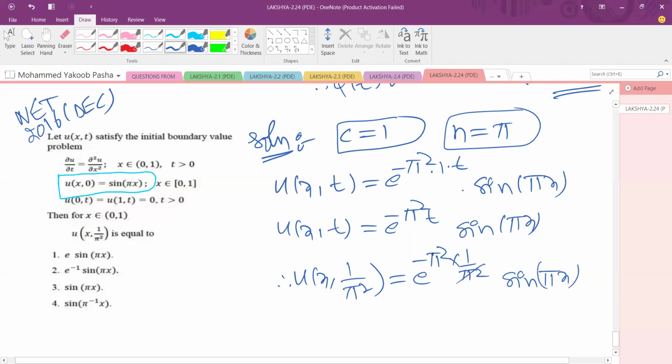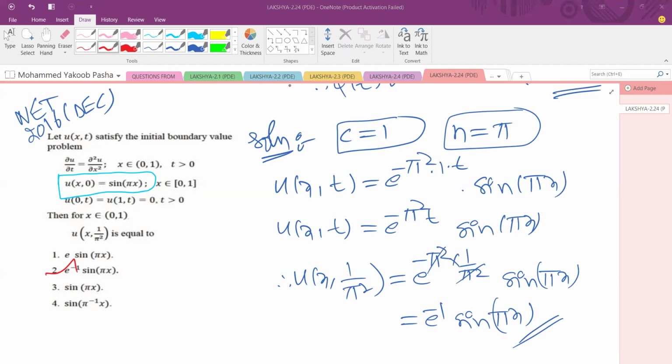So it will be e power minus 1 into sin pi x. What is my right option? Option 2 is my right option. The rest of the options are wrong. Let me check the option. Yes, 2 is right.